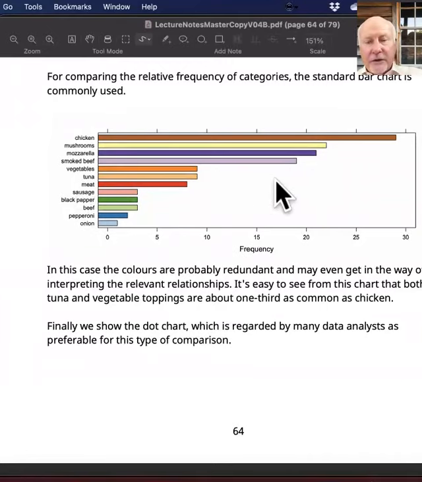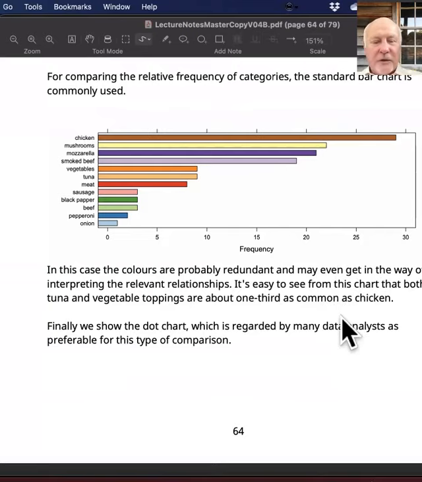I like to use the horizontal version like this because it's compact on a screen, it's compact in a printed report, and it's pretty straightforward to read. So both of those two are just pretty standard ways of representing the proportions of a categorical variable.